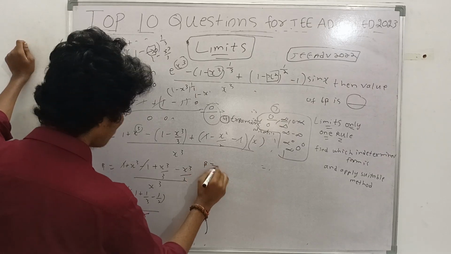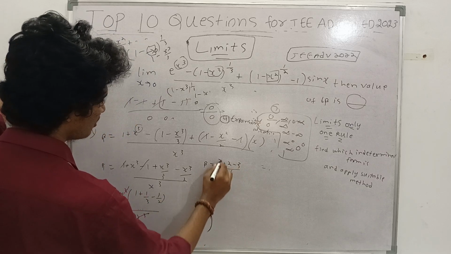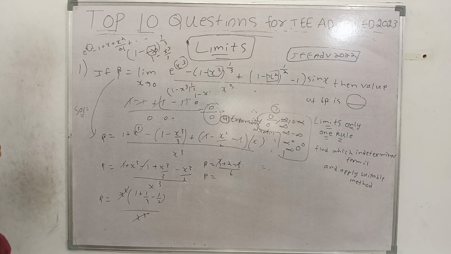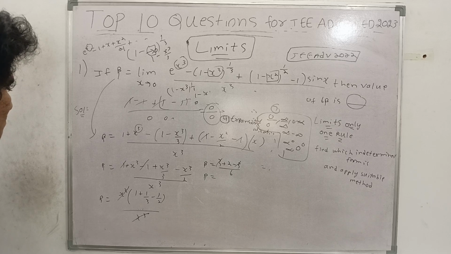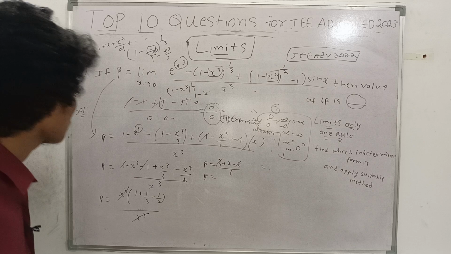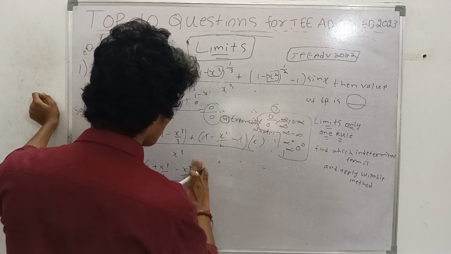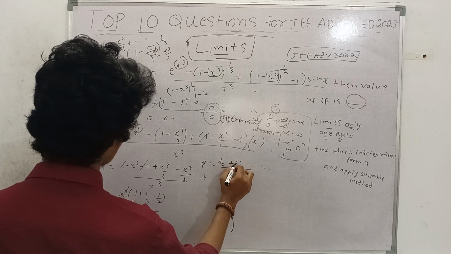So beta equal to how much? Sorry. Here beta equal to, LCM is 6, so it is 6 here plus 2 here minus 3.